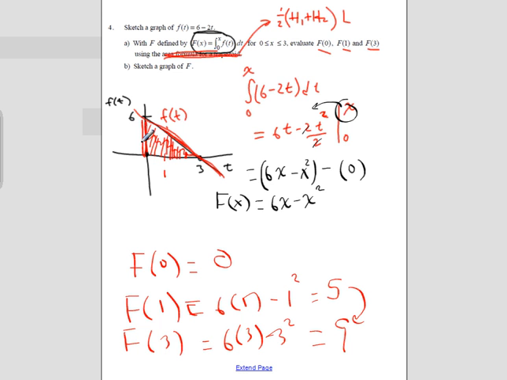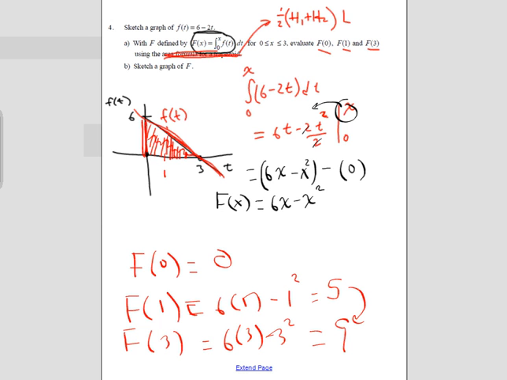So that's that. What I do want to do though is make the difference just to make it really clear. What we were doing here is we were measuring the accumulation starting from x equals 0.